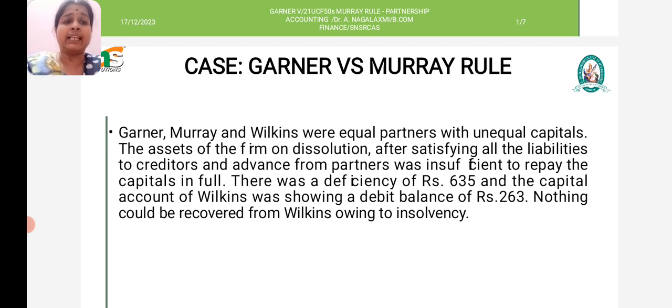But in this case, there was a deficiency of rupees 635. That means the balance is a negative balance. And another thing is, the capital account of Wilkins, one of the partners, is showing a debit balance, that is, a minus balance of 263 rupees.